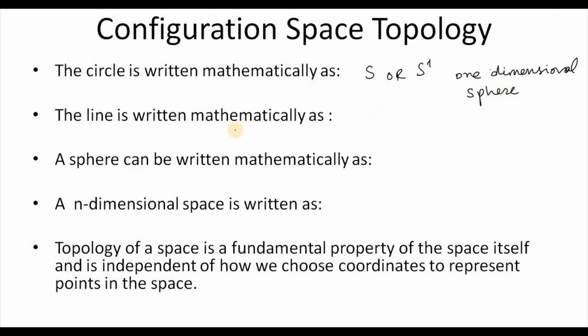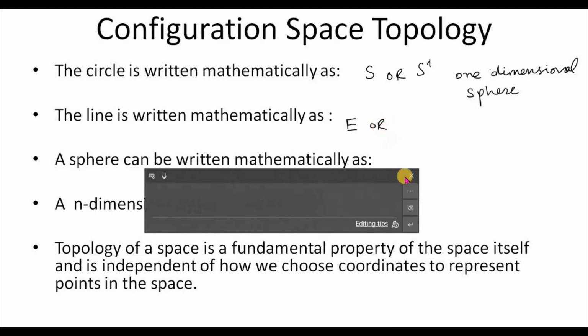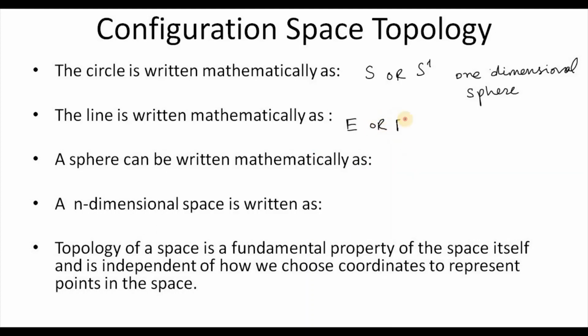Similarly, a line is written mathematically as E, or E power 1, indicating a one-dimensional Euclidean space.